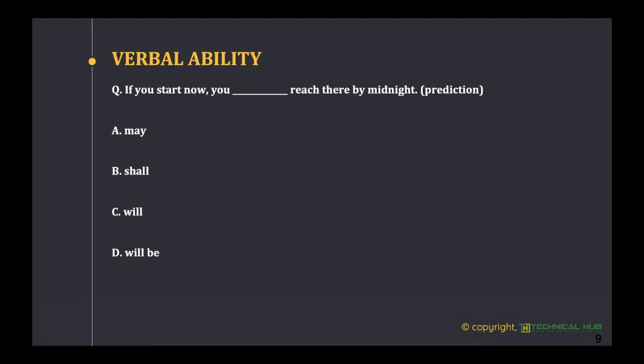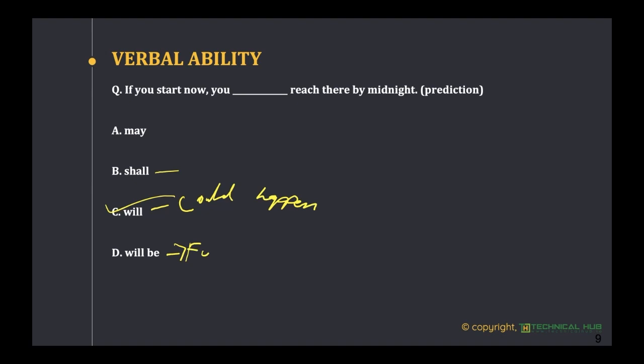May is for the possibility, like you may reach. It's not a prediction. Now shall is mandatory. Mostly, when we are planning or something, we use shall. Now will is could happen. So this is a prediction answer. Will be reaching, that means for sure it is.